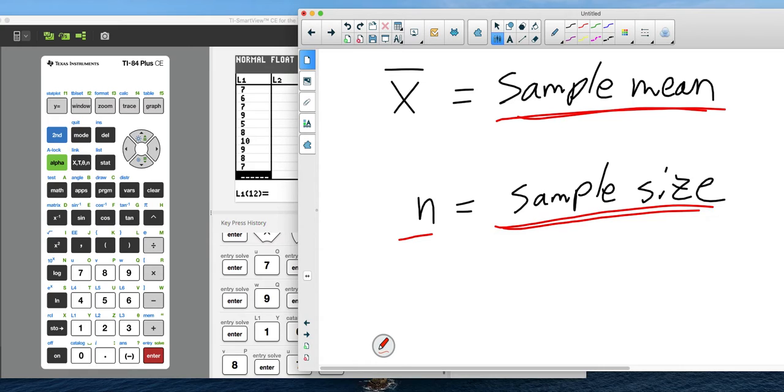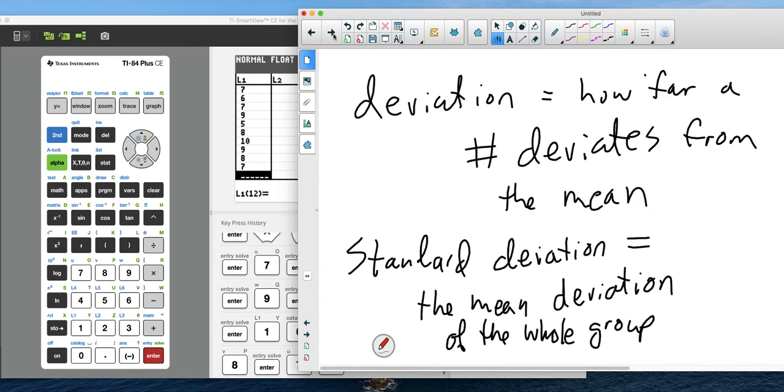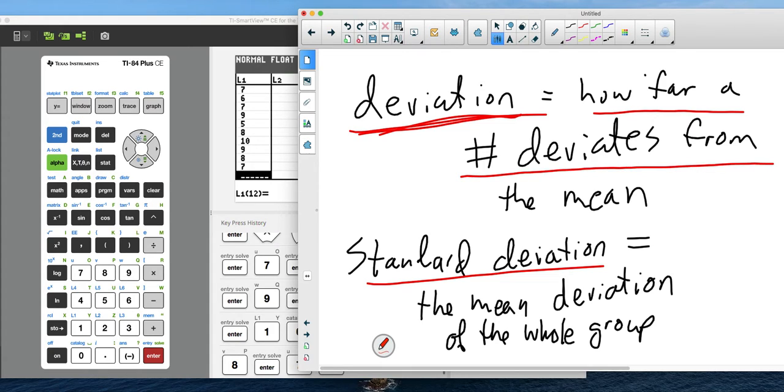The next two things we're going to talk about, and we'll be talking about these for the rest of the year, is deviation. Not standard deviation, but what is deviation? Examples 2 and 3 start dealing with deviation. Deviation is just how far a number deviates from the mean.